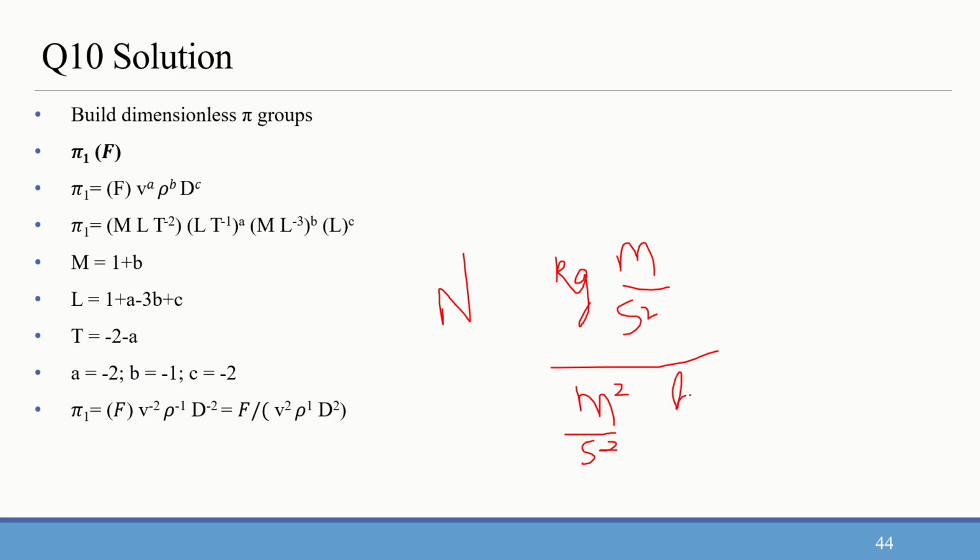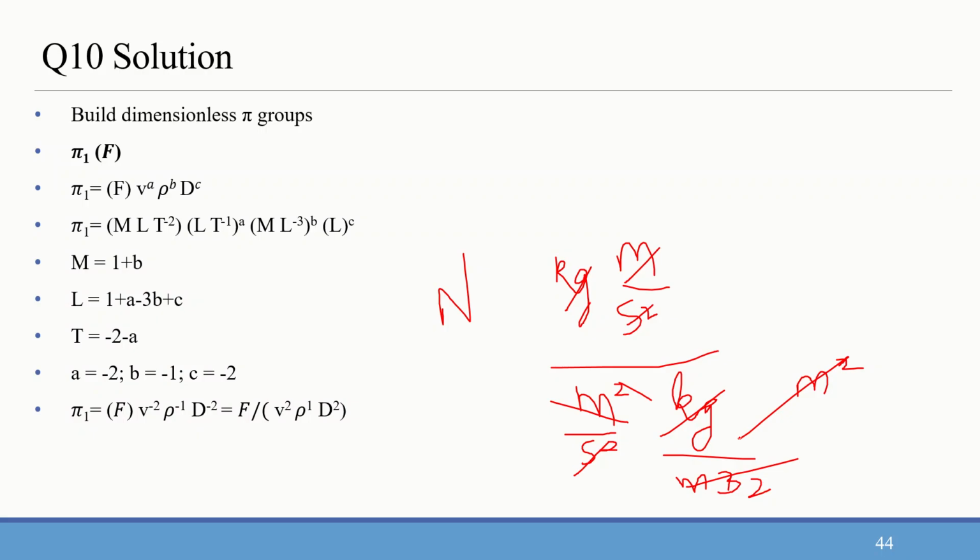Rho is kg by meter cube, and D square is meter square. So kg gets cancelled, and s square also gets cancelled. So it is meter, and meter gets cancelled. So basically it is a dimensionless number.